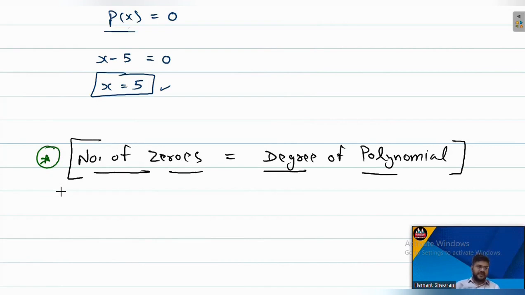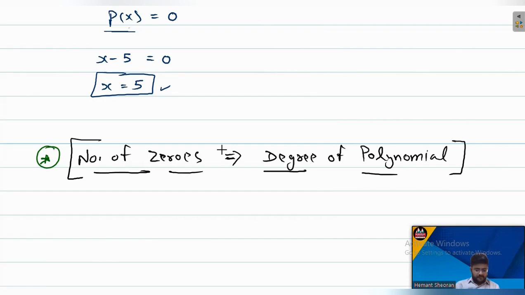A cubic one will have three. A quartic one can have four zeros. So the number of zeros is equivalent to the degree of the polynomial. The bigger the degree, the more zeros there will be. Any confusion out there?